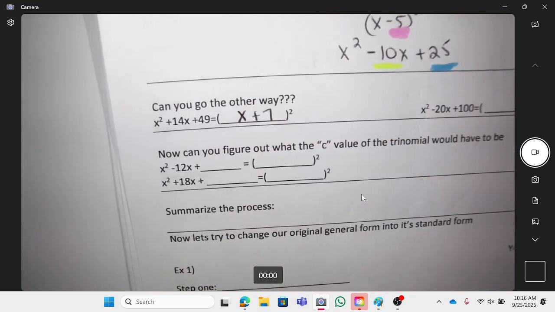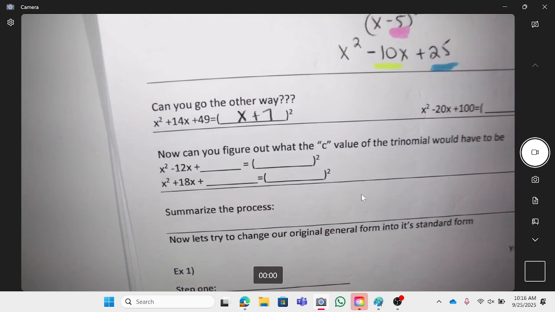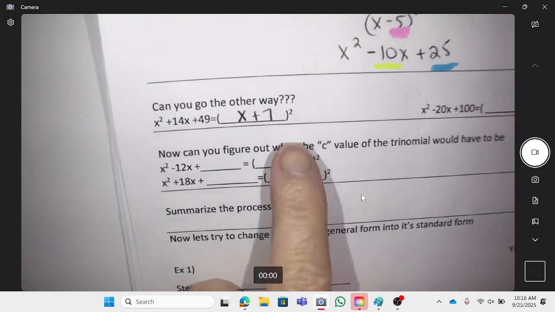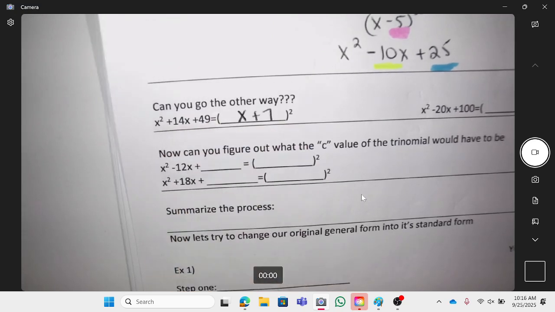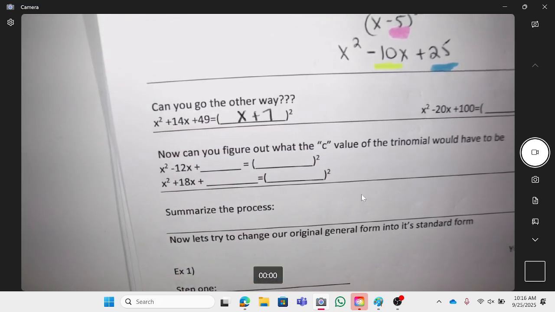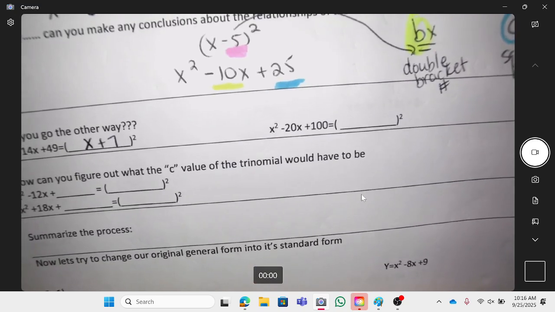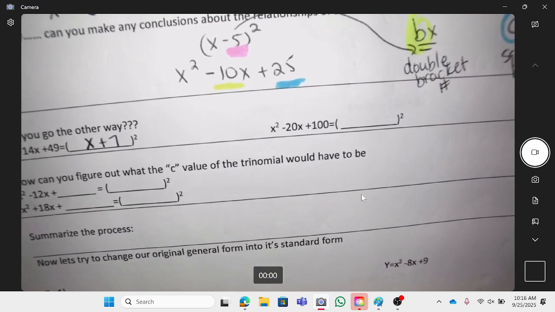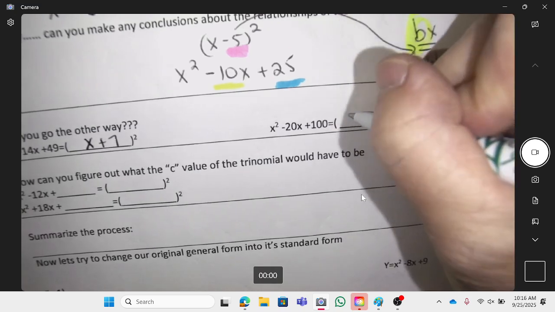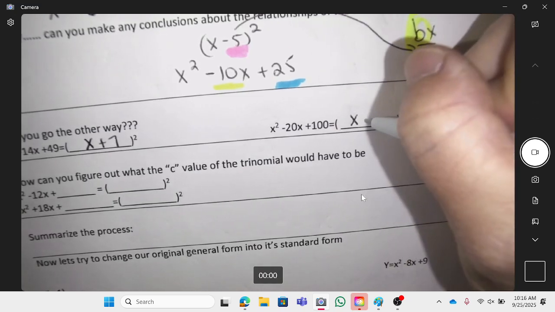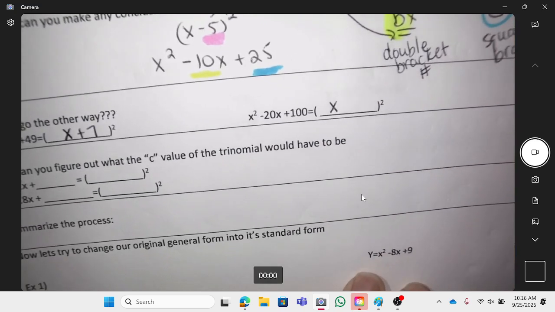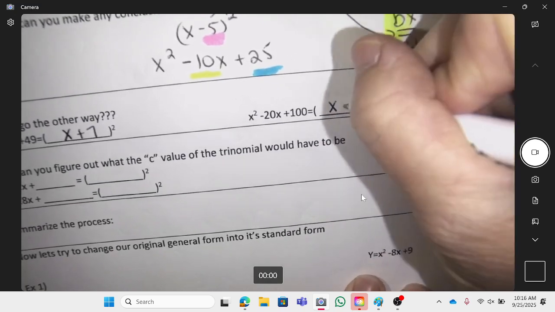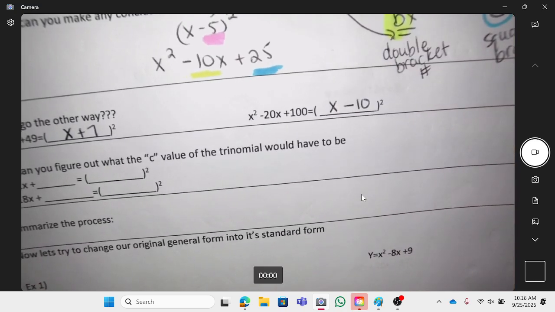Did you think about x plus 7 getting squared? Yep. Because you told me I should double there and I should square there. All right, what's one of those again? The bracket number would have to be subtract 10.